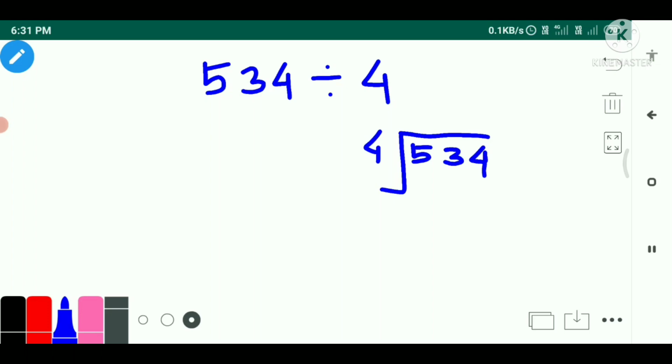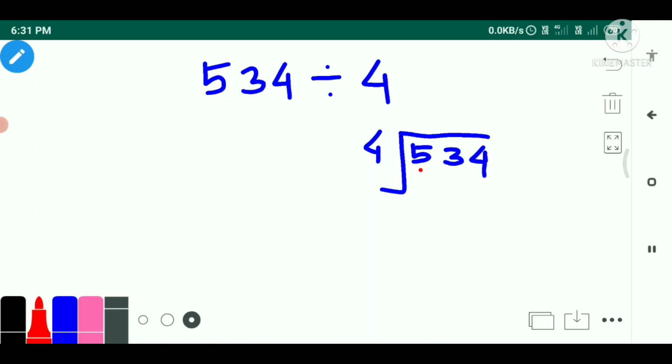In order to divide a 3-digit number, first of all we'll see the 100 place value. So we'll start dividing the number from this place. Now we'll compare these two numbers. So 4 is smaller than 5.